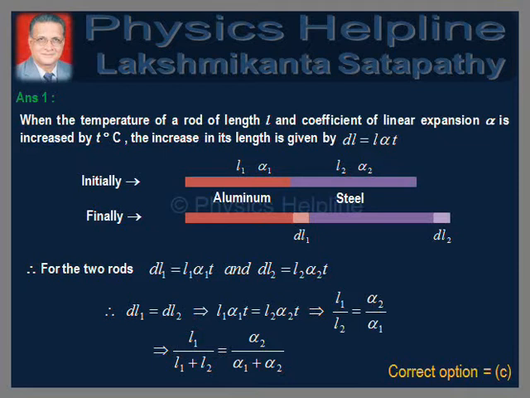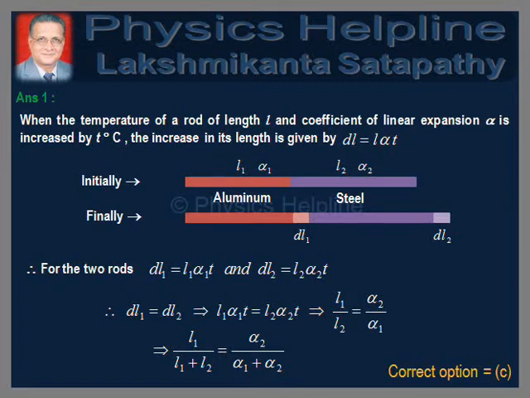For the aluminum rod, initial length is equal to L1, coefficient of linear expansion is equal to alpha 1, and change in temperature is equal to T degrees C. Therefore, the change in its length is given by dL1 is equal to L1 alpha 1 T. Similarly, for the steel rod, initial length is equal to L2, coefficient of linear expansion is equal to alpha 2, change in temperature is equal to T degrees C. Therefore, change in its length is given by dL2 is equal to L2 alpha 2 T.